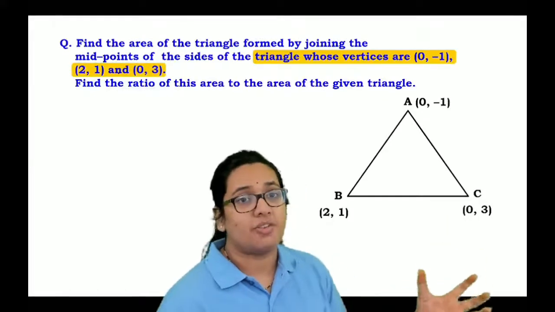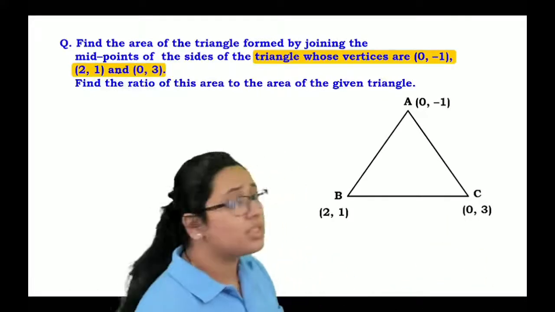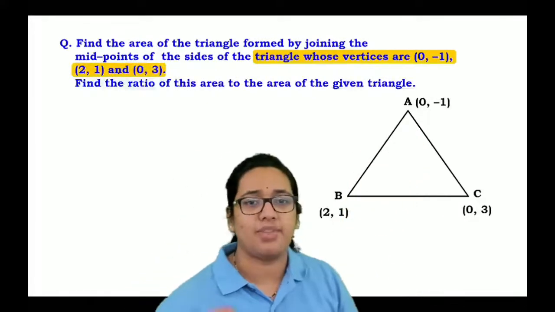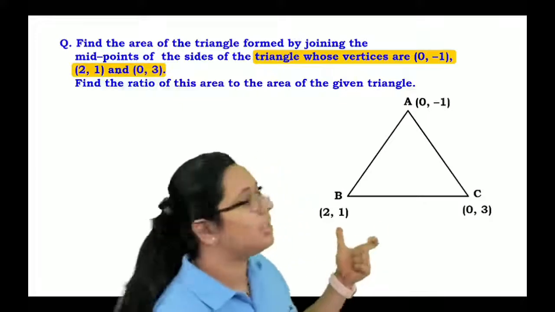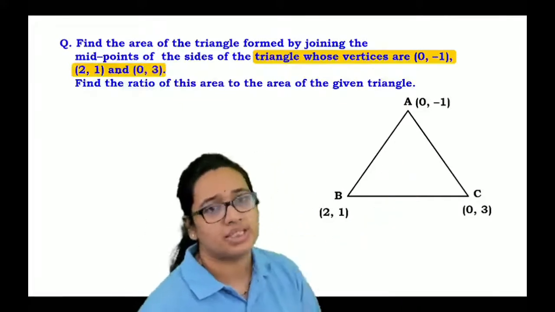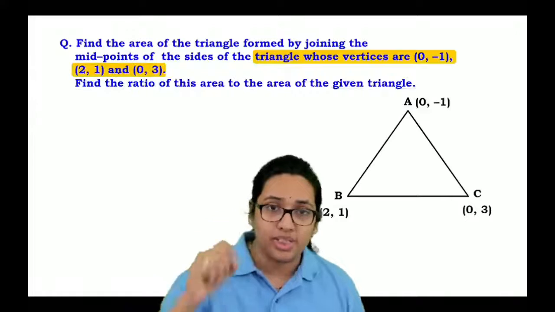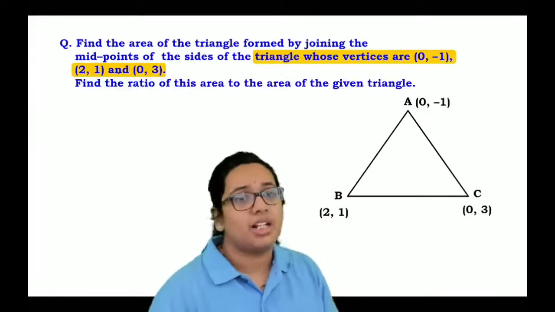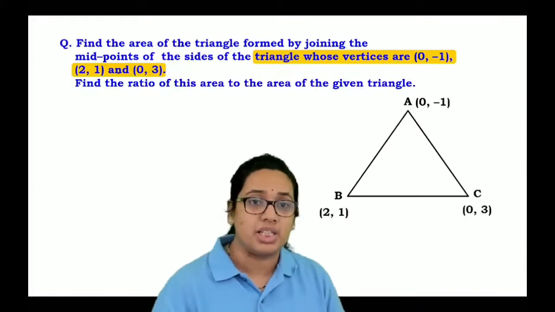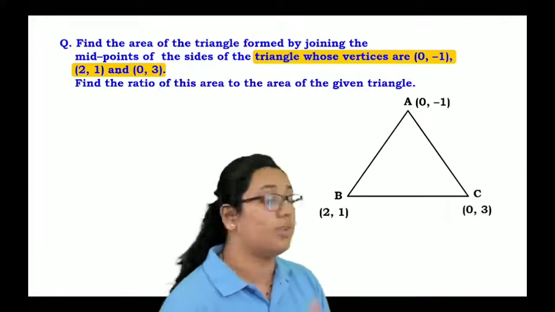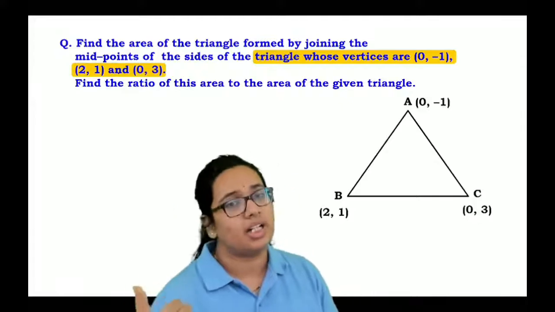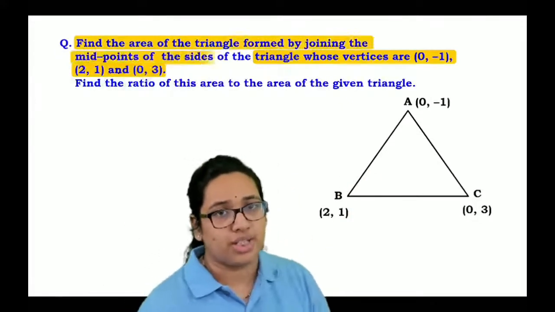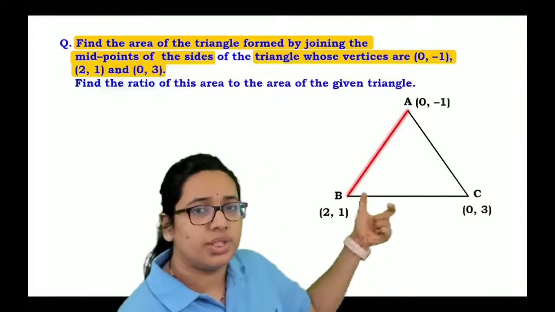We have to take the midpoints of AB, BC and AC, and join those midpoints. After that, we have to find the area of that triangle, and then find the ratio between the areas of these two triangles. Okay, so we'll just do it.